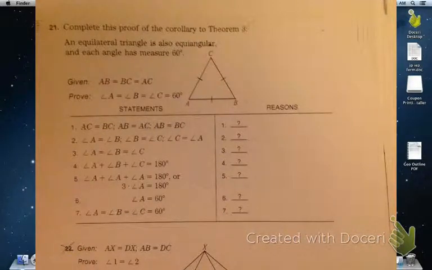Alright, last proof that you had for homework the other night, problem number 21. This one was a fill in the blank proof. So the first one, I'm betting you probably were able to get, is given. The second one, they switched from sides to angles.